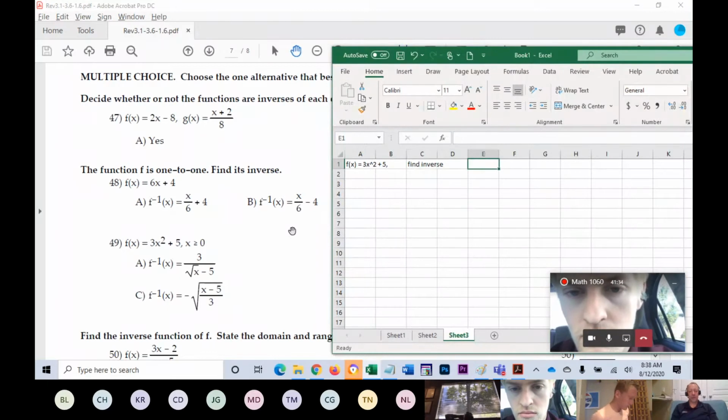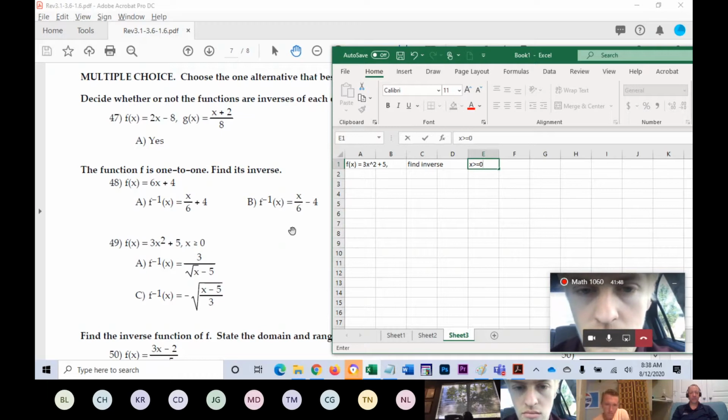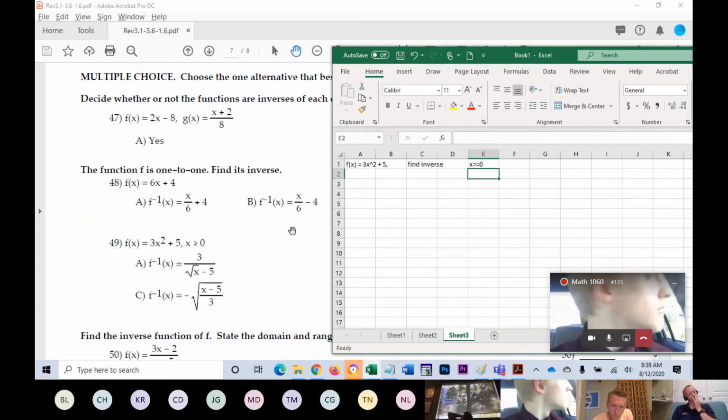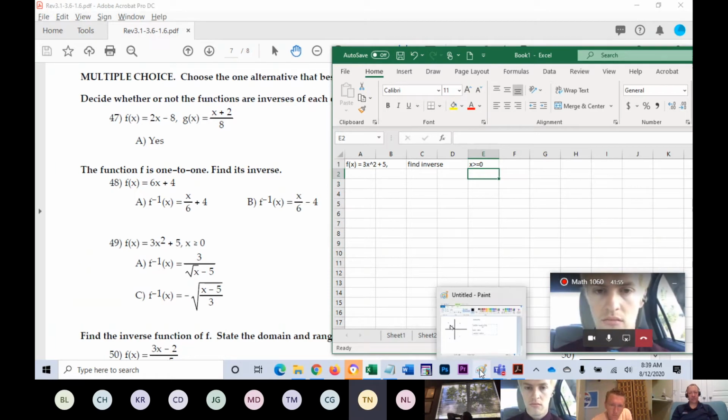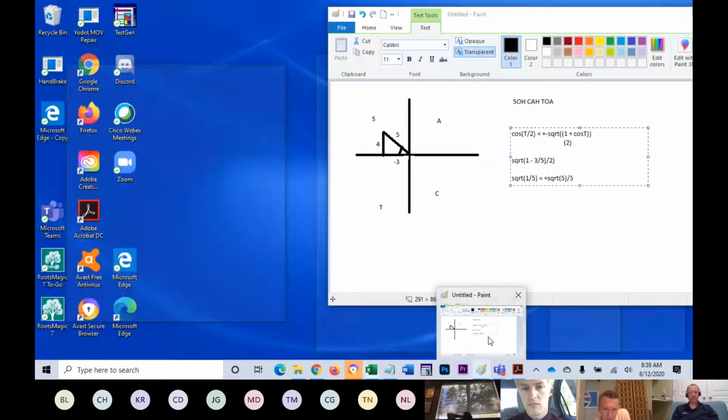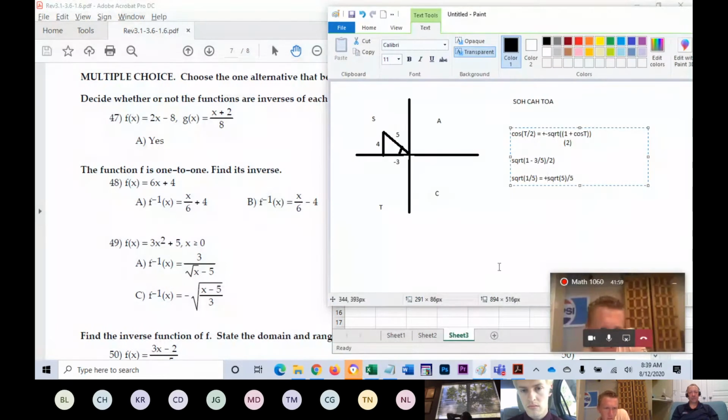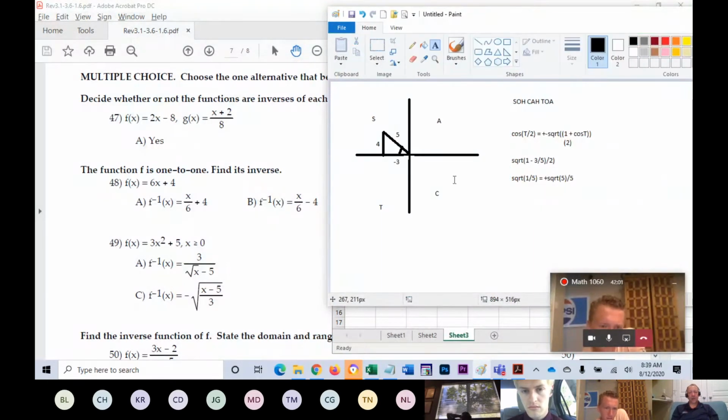Now it does say that x is greater than or equal to 0. Why does that matter? Do you guys know? Is that to make sure we pass the horizontal line test?